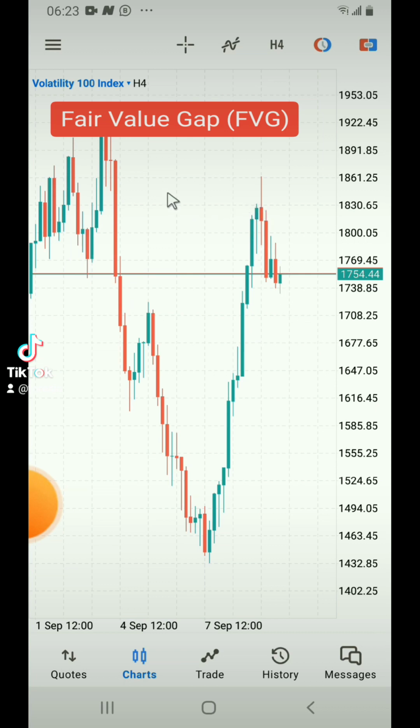Whenever there is a gap that is unmitigated, you see this low push, you see that there is this gap between here and here. That's the low of the previous candle and the high of the immediate after candle. That's the low of this candle here and this doji candle here.